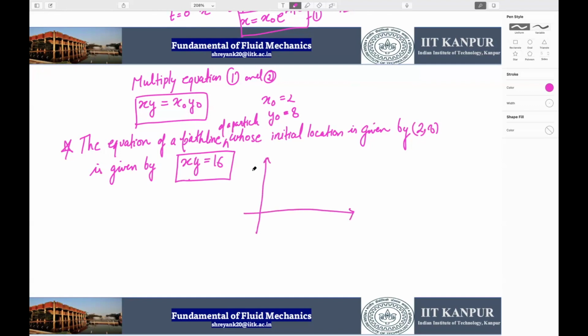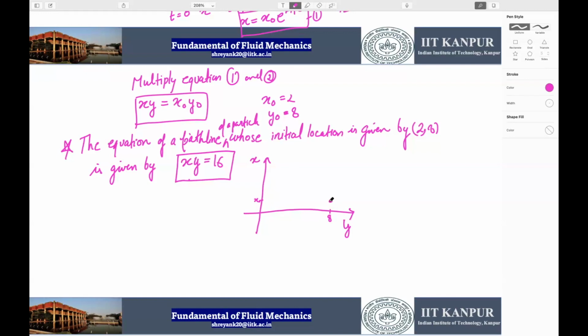So if I have to plot this path line, x in terms of y, let's say it is starting from the position 2 comma 8, so x is 2 and y is 8, it is starting from this position.